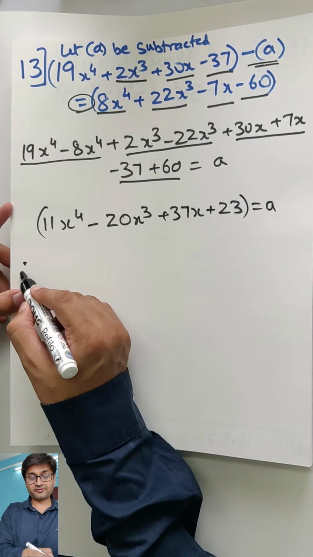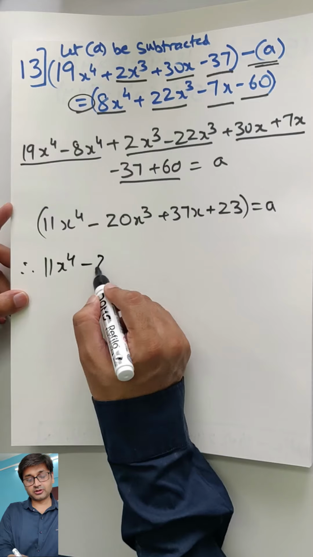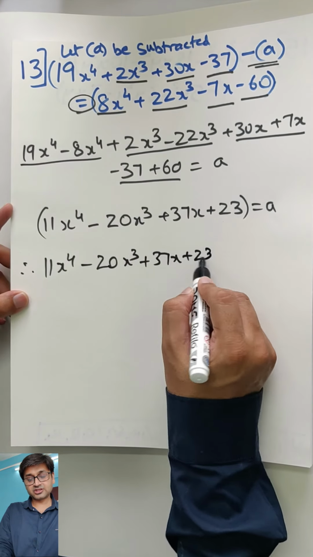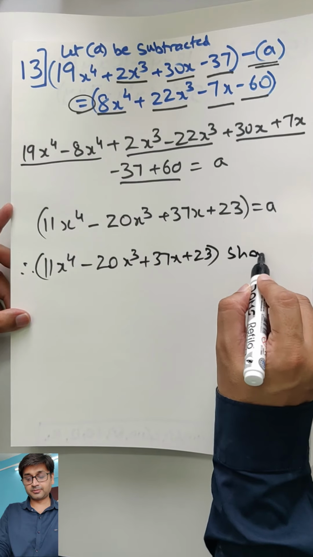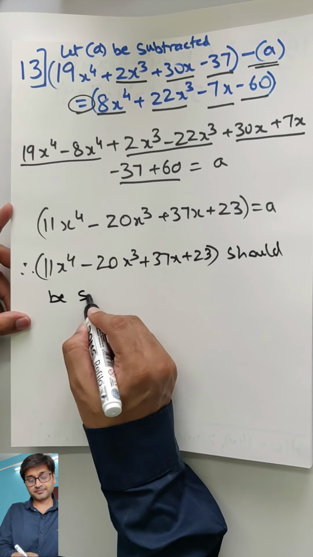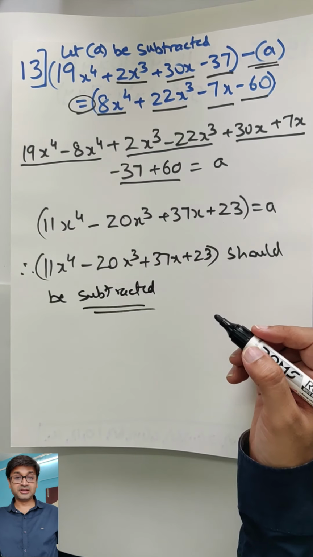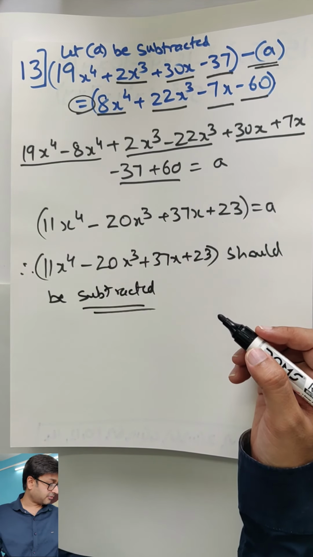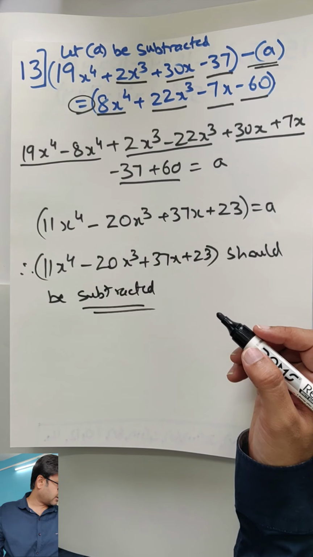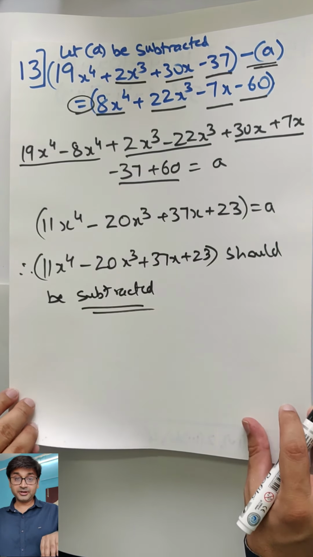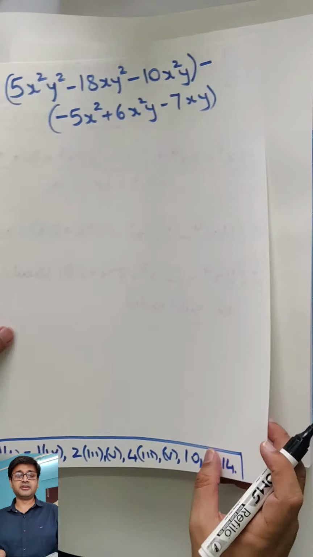So you will say therefore 11x4, 20x cube, 37x plus 23 should be subtracted, and that's it. That's your answer. Are you getting it? Was it really simple? Let's check if sum number 13 answer is correct. 11x4, 20x, 37, 23. Perfect. Simple. This exercise is really very simple.